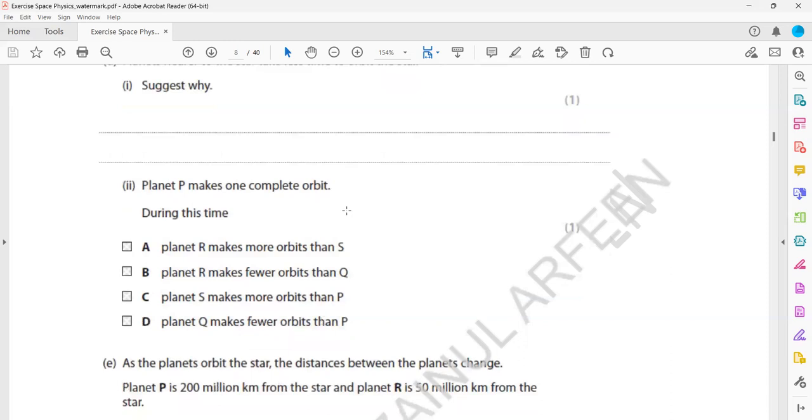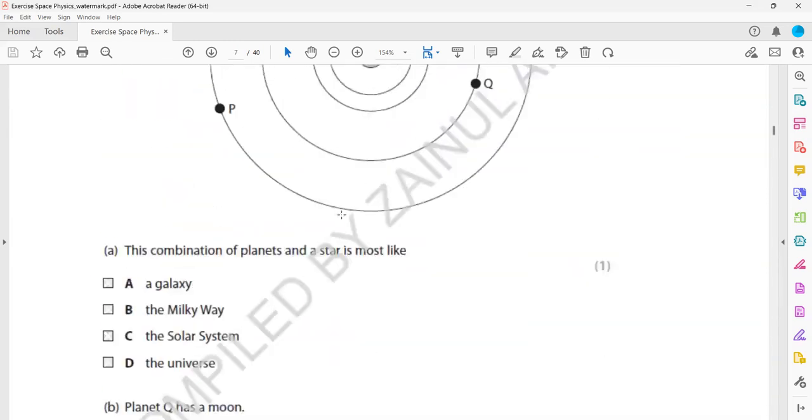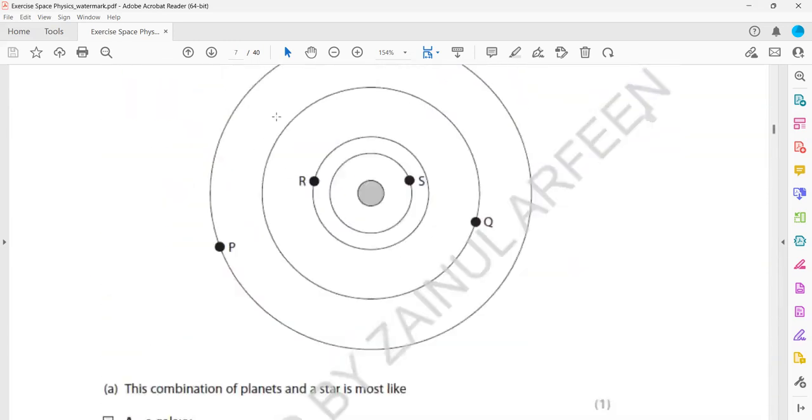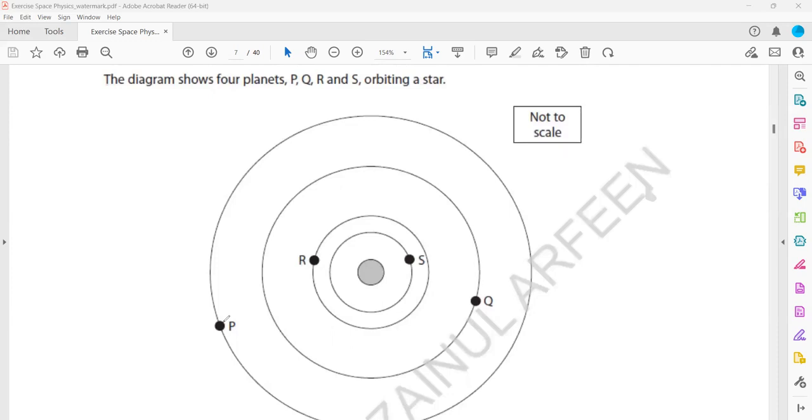Now, planet P makes one complete orbit, like this planet P. It started and then it returned back.